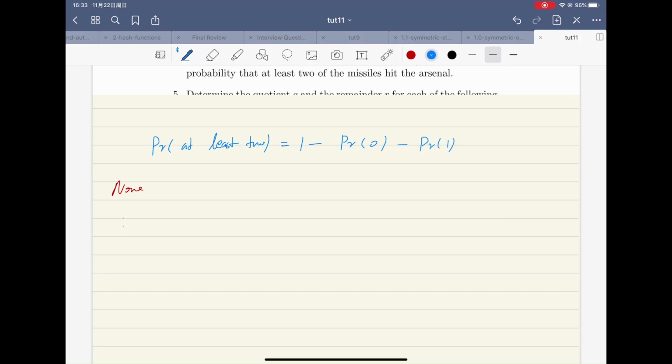We have the probability of 0 equals 1 minus 0.75 times 1 minus 0.85 times 1 minus 0.9. We have 0.00375.